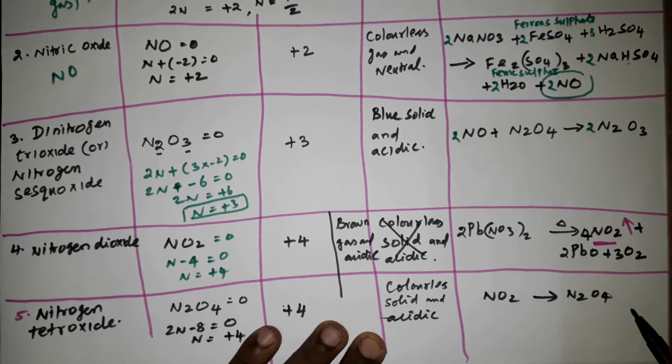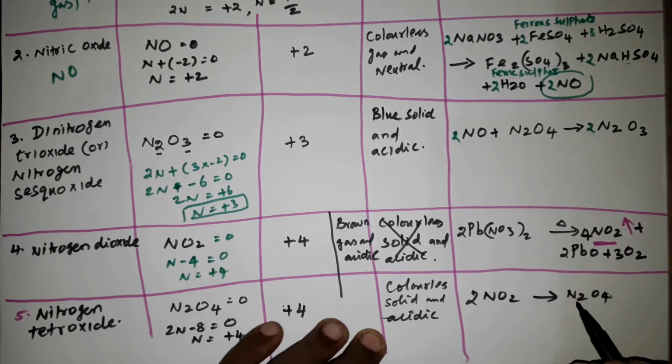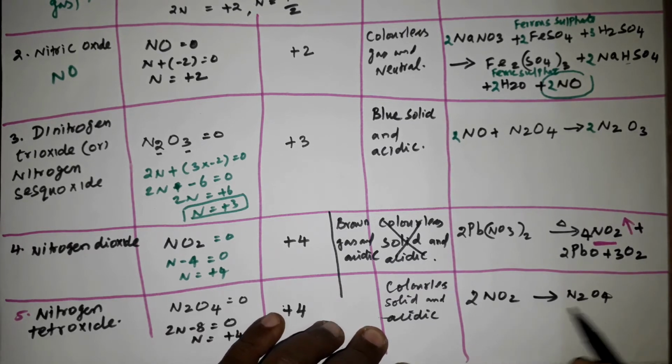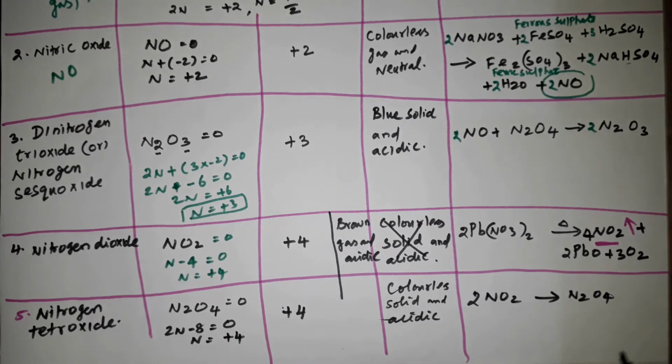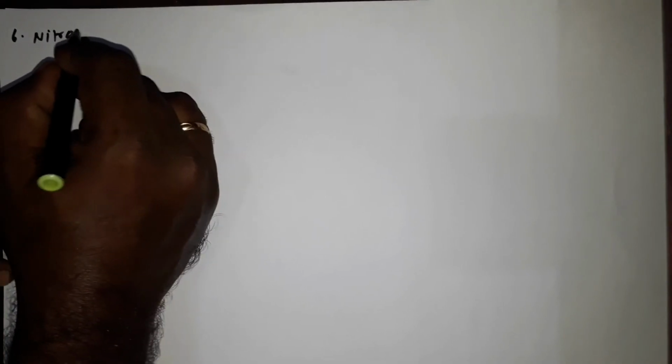Tetra means 4 oxygen. Okay, so balance the equation, put 2 here. Now the equation is balanced, 2 nitrogen, 4 oxygen, 4 oxygen. Okay students, the next type is the last type, that is nitrogen pentoxide, the sixth one.